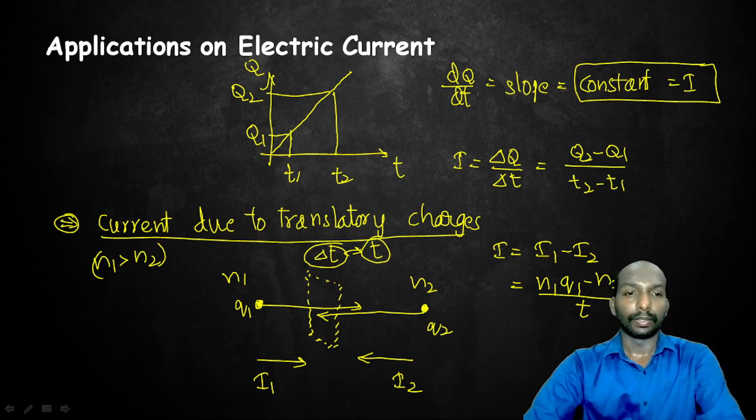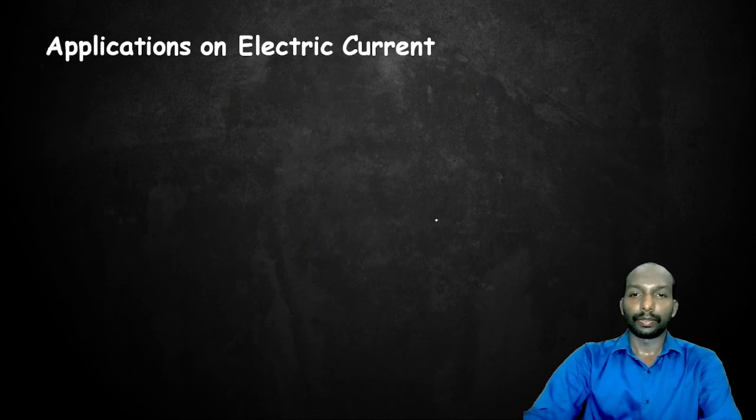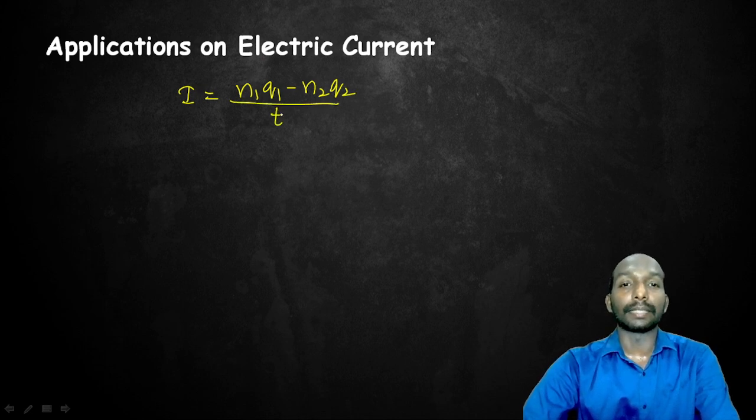So here we got I equals (n1 q1 minus n2 q2) by t.